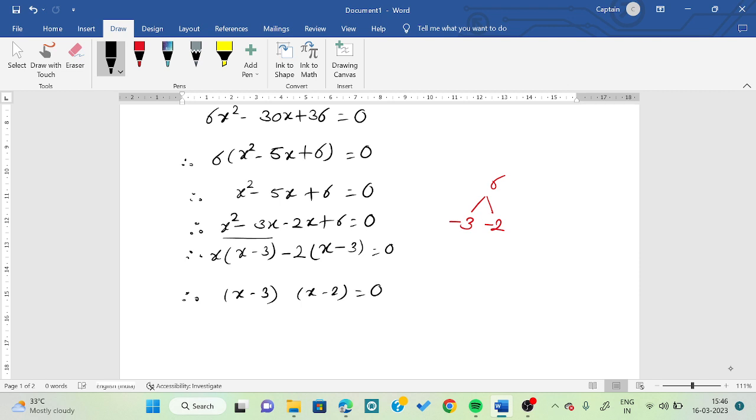That means our final answer is x is equal to 3 and x is equal to 2. These are the possible extreme points which I need to mention.